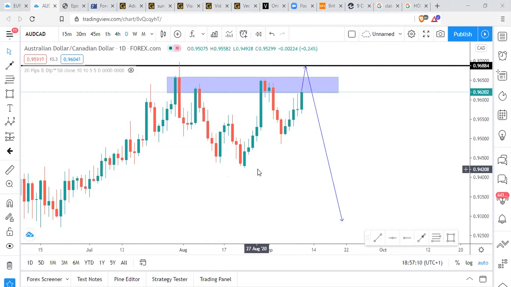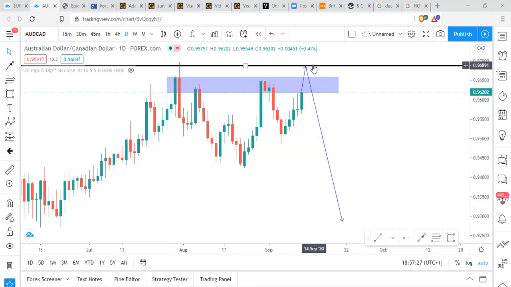So, for example, when we wanted to enter sell at a price higher than this one, what happened? We use sell limit, right? Now, we want to enter sell at a price lower than this current market price.